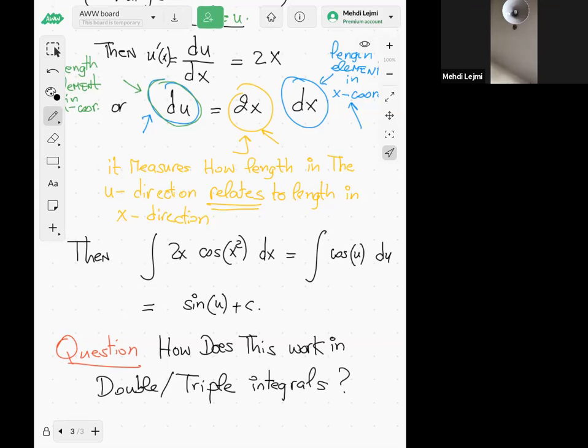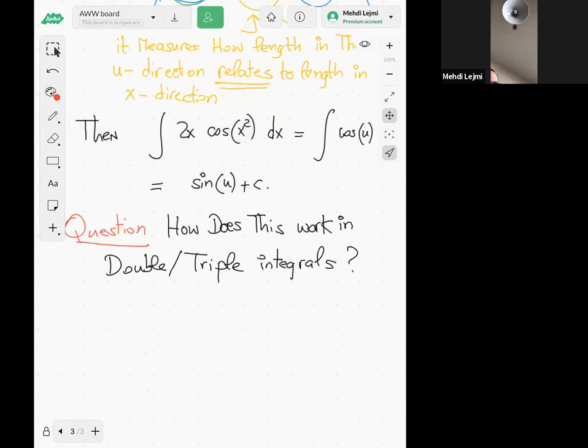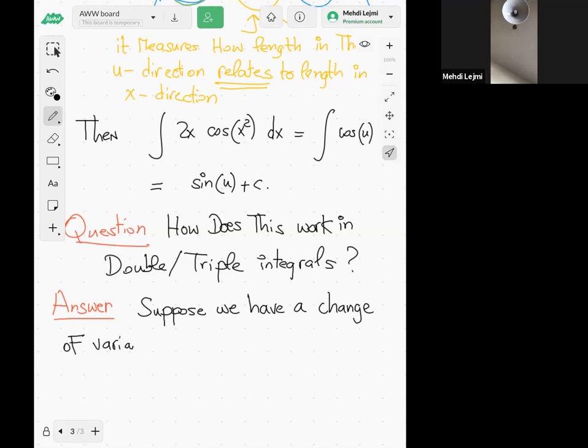So we suppose we have a change of variables given.